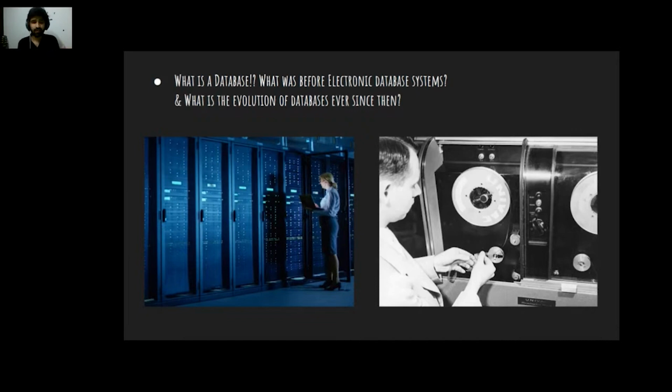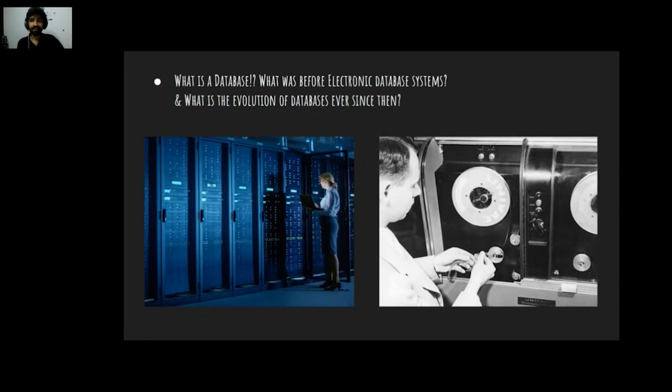When we talk about the different transitions databases took, we'll start off with hierarchical databases. The first generation of database management systems were hierarchical in nature and organized in a tree-like structure. This approach was used by early database systems such as IBM's Information Management System, that is IMS.